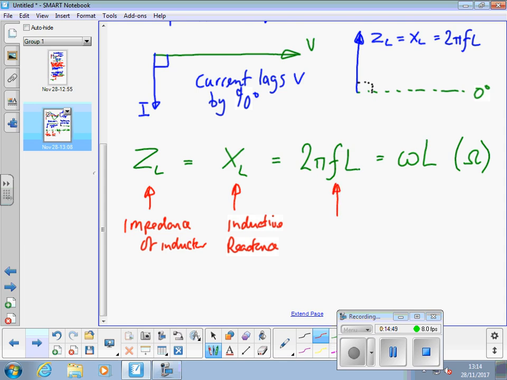F is the frequency in hertz. Omega in that bit is the angular frequency in radians per second. So if you compare those two, omega must be equal to 2 pi f. And you've come across that before.